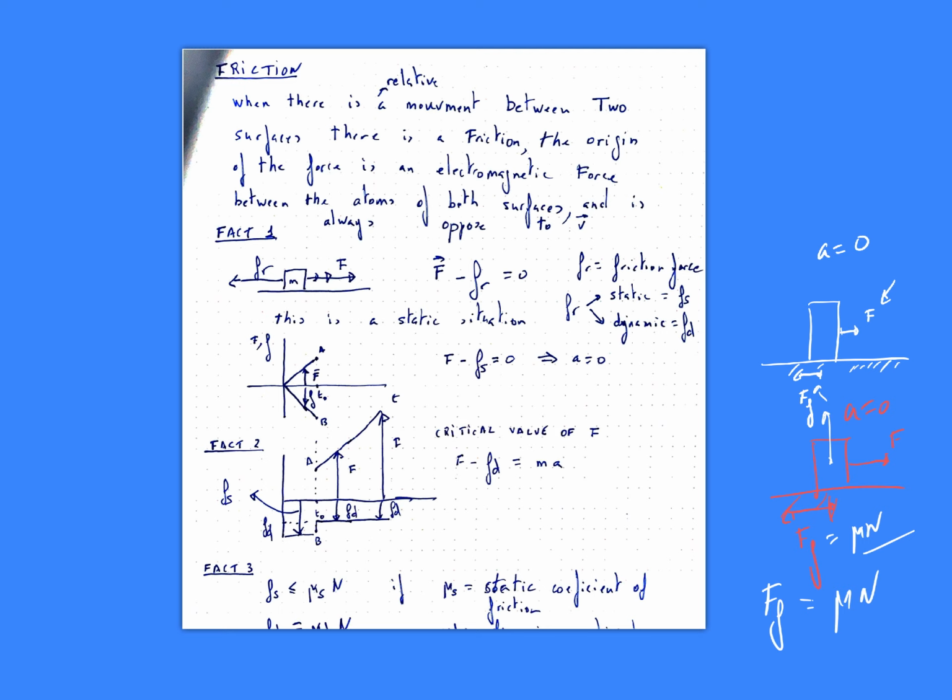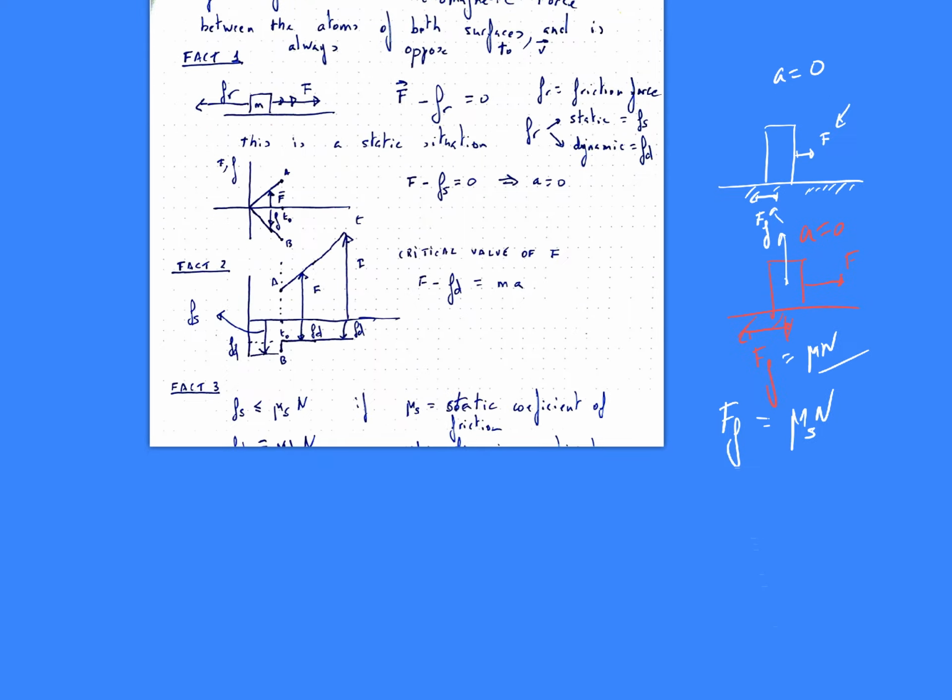So it arrives at a critical value for the F when the object starts to move, and the coefficient that here is static becomes dynamic, and the dynamic mu is smaller than the static coefficient of friction, and the object starts to move.